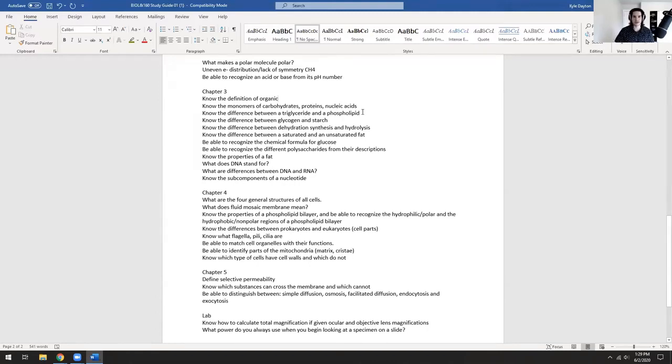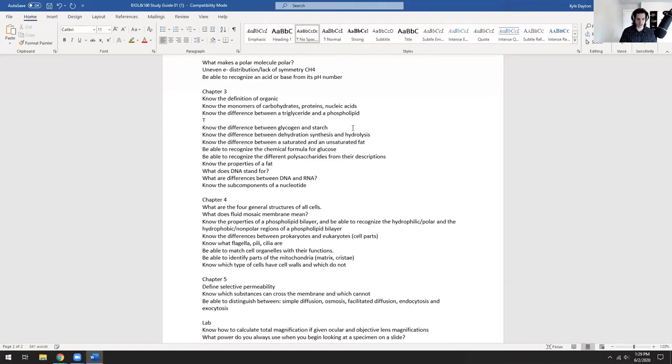Know the difference between triglyceride and phospholipids. So a triglyceride is going to have a glycerol backbone with 3 fatty acid tails, whereas a phospholipid has 2 fatty acid tails, and instead of that 3rd fatty acid tail, it has a choline head. That choline happens to also be polar, which allows our cells to have that phospholipid bilayer with that hydrophobic area on the inside and then the hydrophilic area on the outside containing its choline head.